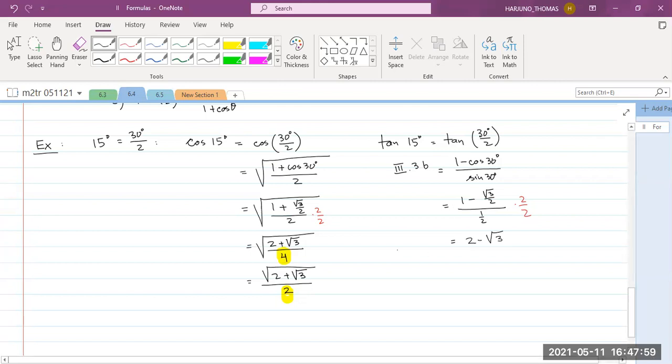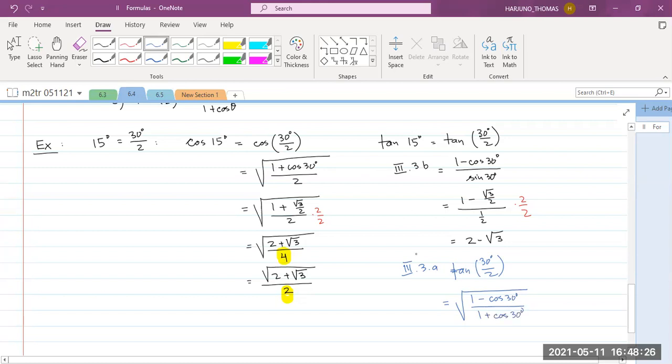Now compare that to if I use formula 3a. Okay, tangent of 30 degrees over 2. Oh, it is quadrant 1, so it is the positive, 1 minus cosine 30 degrees over 1 plus cosine 30 degrees.